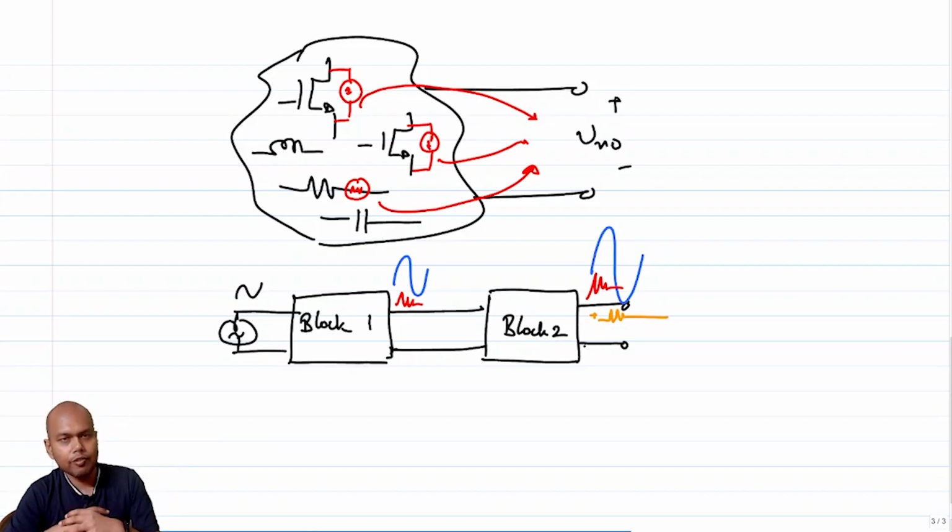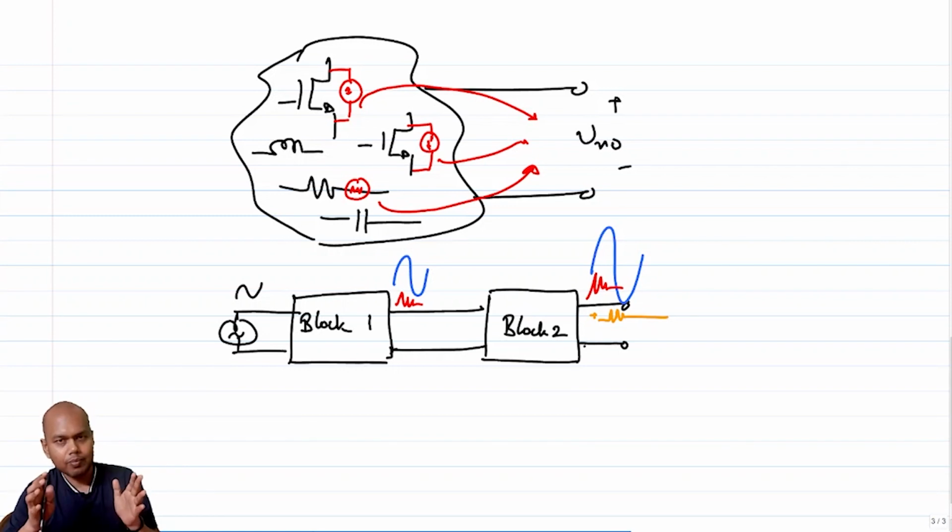If you see the data sheets of various analog circuit blocks or even RF blocks, you are going to see figures like input referred noise, noise figure, integrated noise, and so on, right?